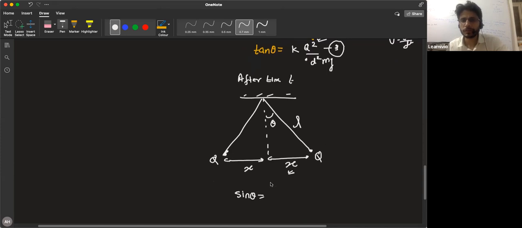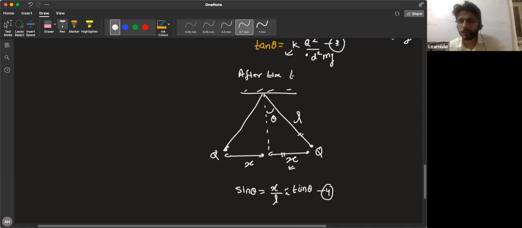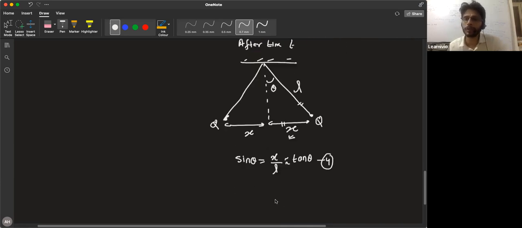Sine theta is the ratio of x and L. If angles are small, sine theta is almost equal to tan theta. This is equation number 4. Tan theta we calculated in equation 3 using the forces, and now through simple geometry. Now we can equate 3 and 4.